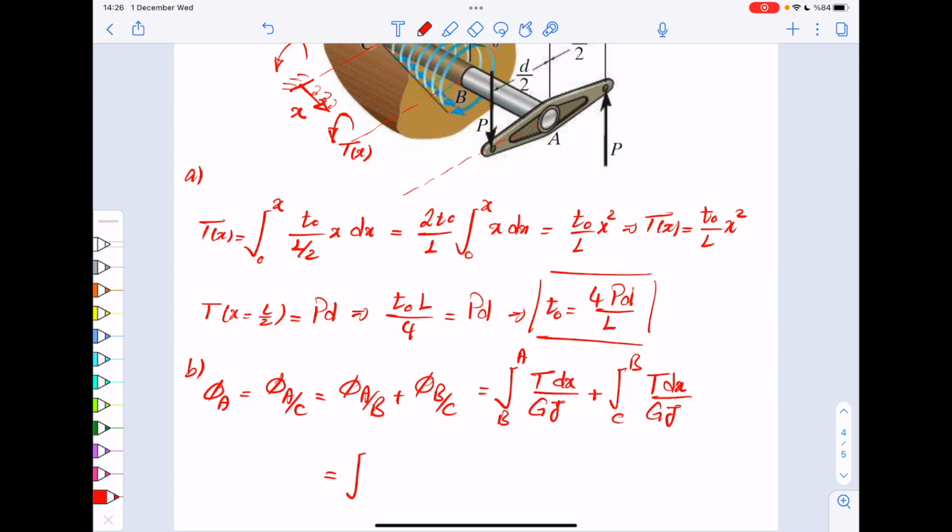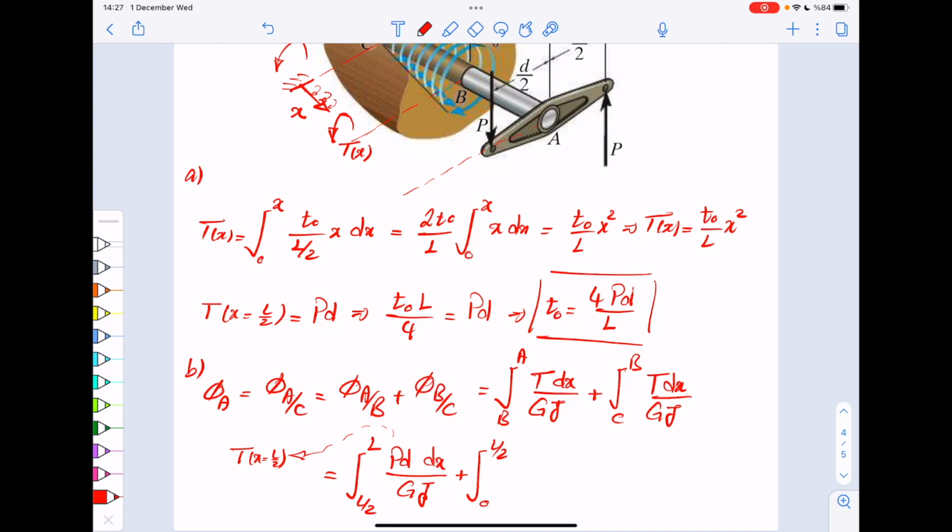and then again from B to A, x would go from L over 2 to L. T is simply PD, which, by the way, is no surprise. So this is essentially T at x equals L over 2 that we discussed before. dx divided by GJ plus, from C to B, this goes from 0 to L over 2.